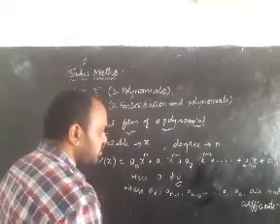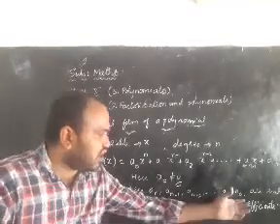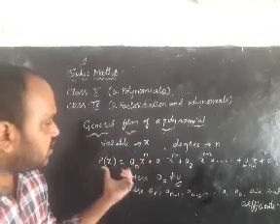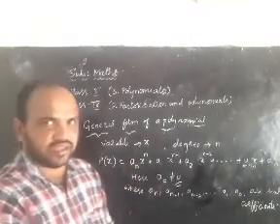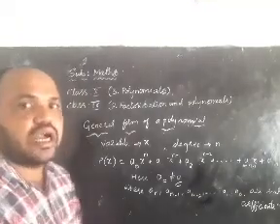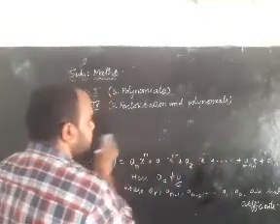Here a0 must not be equal to 0, where all these are real coefficients. We can write the general form of the polynomial like this. Next we are going to discuss the types of polynomials.